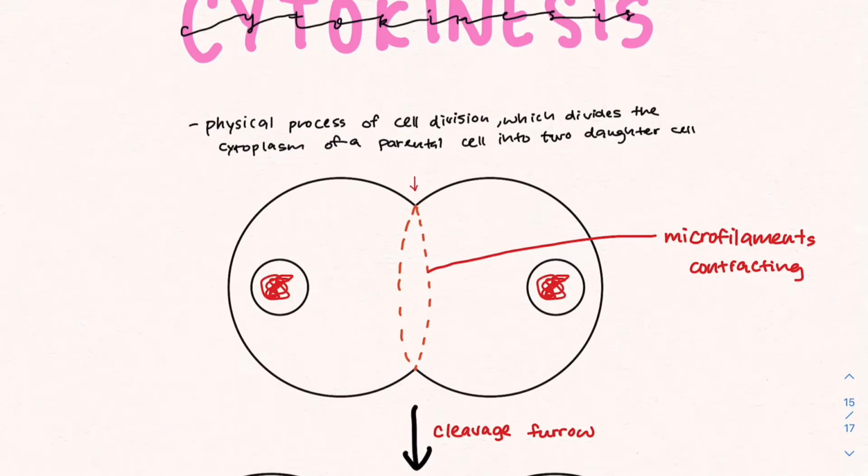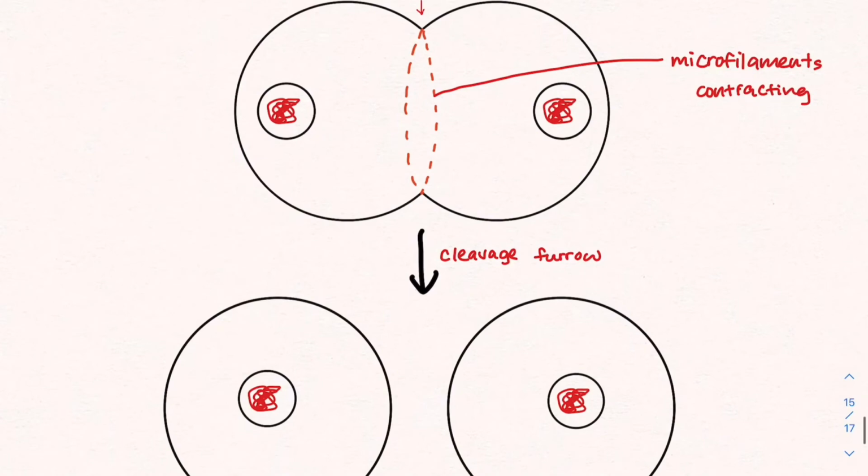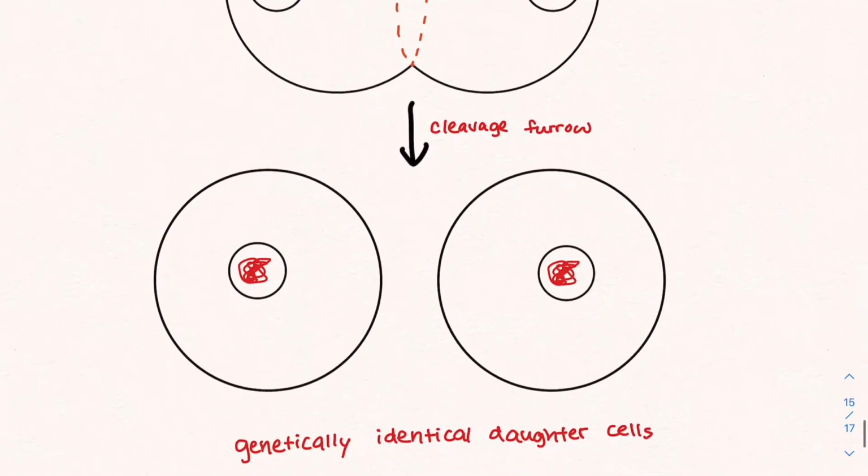These microfilaments will then contract and pull the membrane inwards, creating what is called a cleavage furrow. The microfilaments will contract so hard that the parental cell will ultimately divide into 2 genetically identical daughter cells.